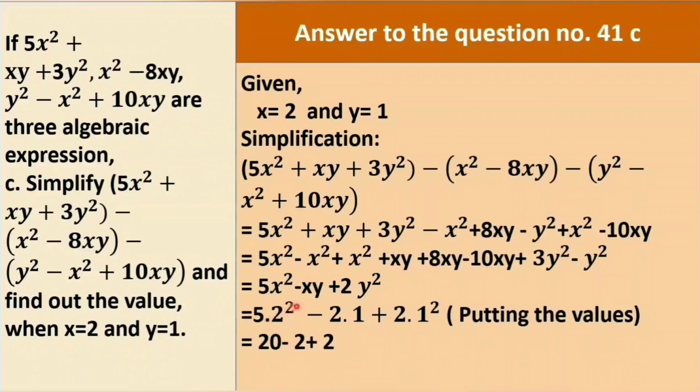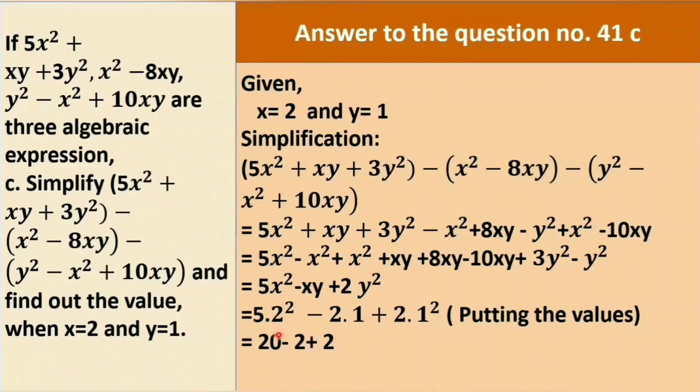So 2 square means 2 multiplied with 2. The result is 4. And 4 times 5 is 20. Again, 2 multiplied with 1, the result is 2. And the sign was minus. Again, 1 square means 1 multiplied with 1. And with that 1, if you multiply 2, the result is 2.